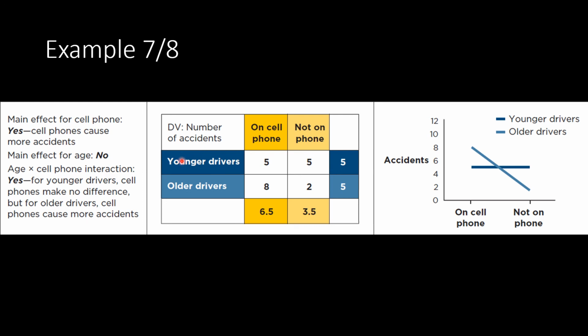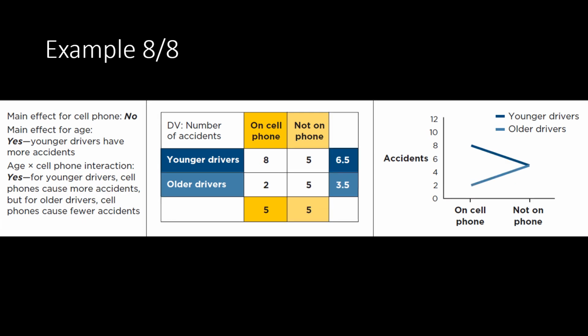So for younger drivers, them being on their phones or not doesn't seem to make a difference in how many accidents they have, right? That doesn't change. But for older drivers, it does make a difference. When they're not on their phone, they make very few, but when they're on their phones, they make many. And so here's just a visual representation, right? For young people, it's not changing, and for older people, it is changing. Again, you see these crossover lines, a good sign that there is an interaction.